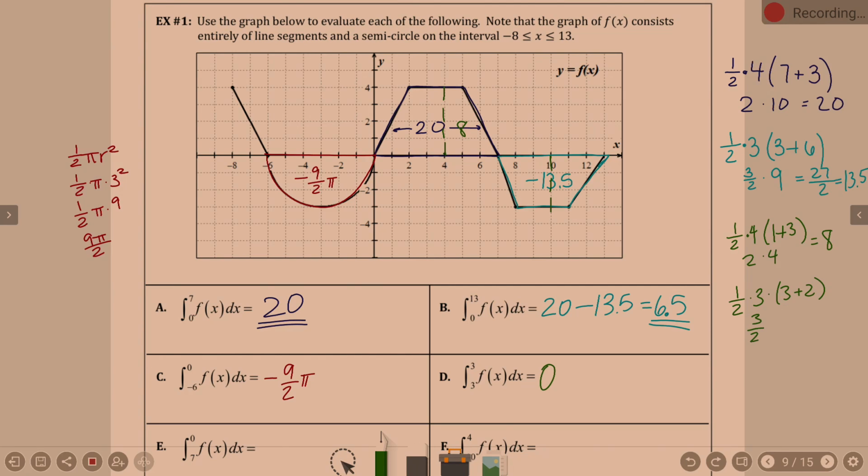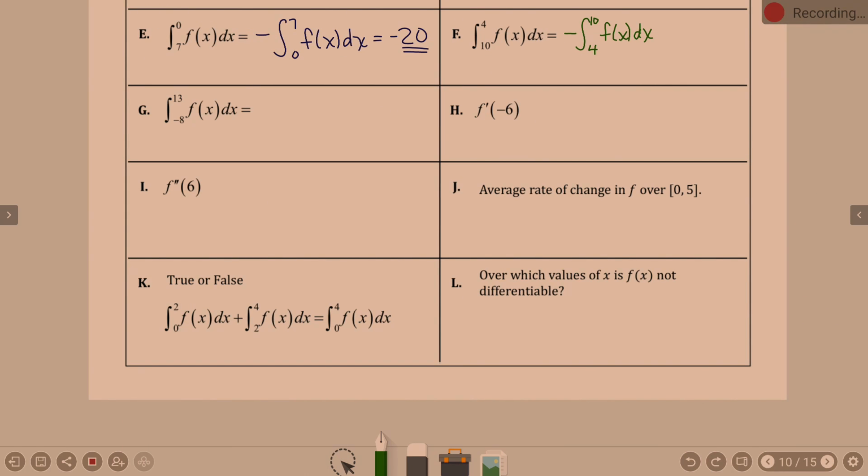I'll make it negative in the end. So that's 15/2, which is 7.5. So this is negative 7.5 on the below trapezoid. So now I'm going to be doing 8 minus 7.5 and getting 0.5.